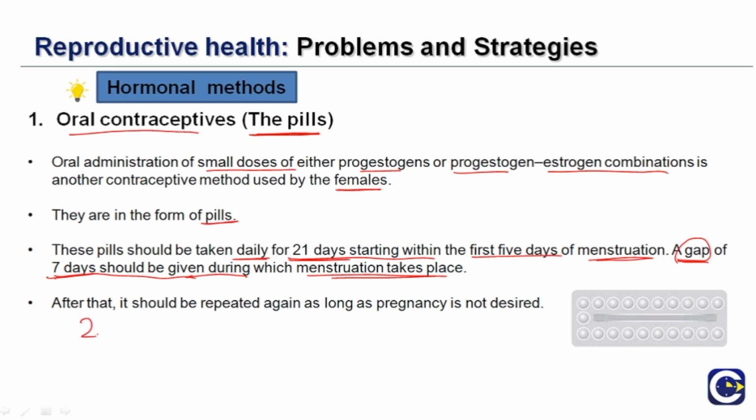So you take it for 21 days daily and then you do not take it for 7 days, and during this time your menstrual bleeding will take place.